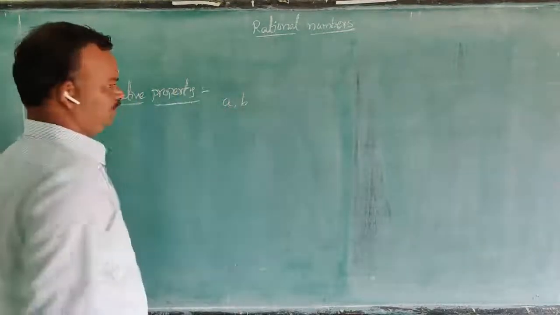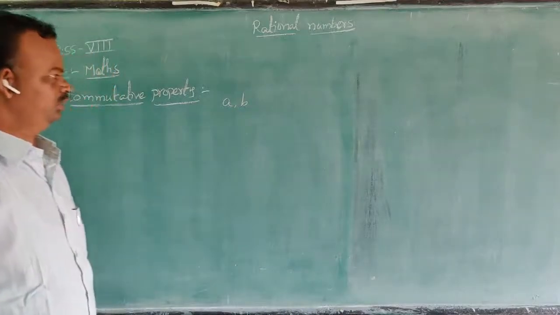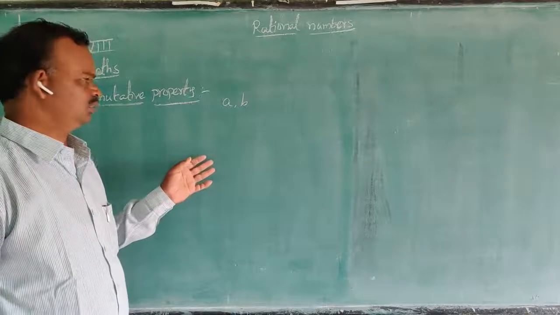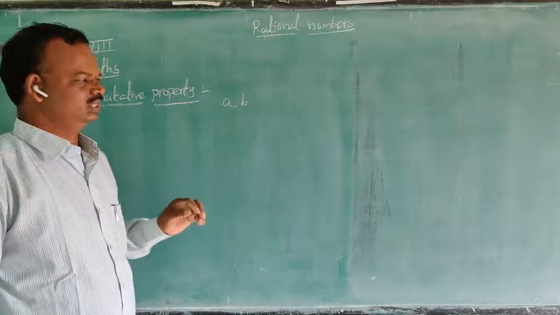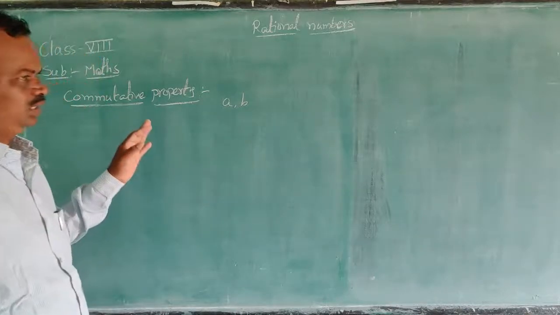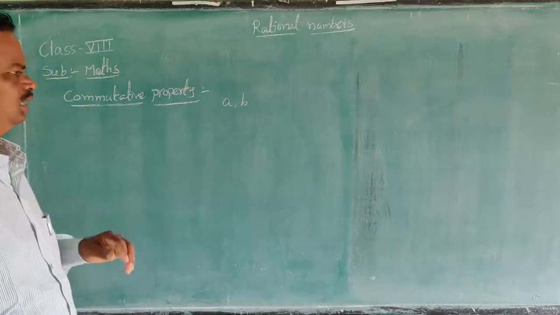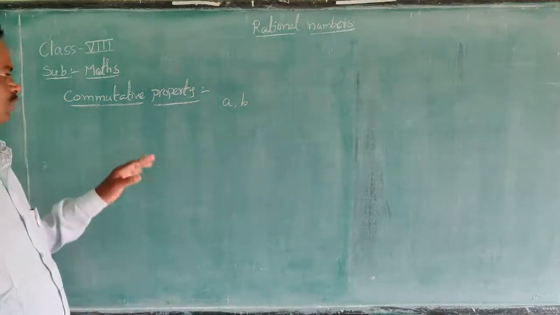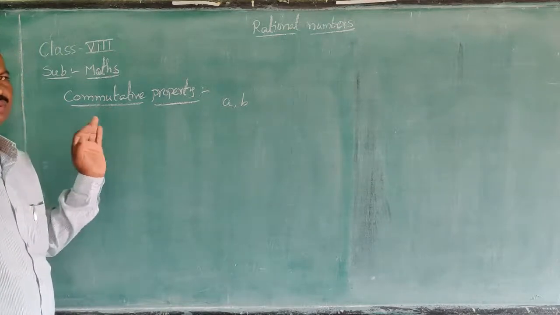A comma B, two values. A comma B are any two natural numbers, whole numbers, integers, or rational numbers. Then we change the order. If we get the same result, then it holds the commutative property.